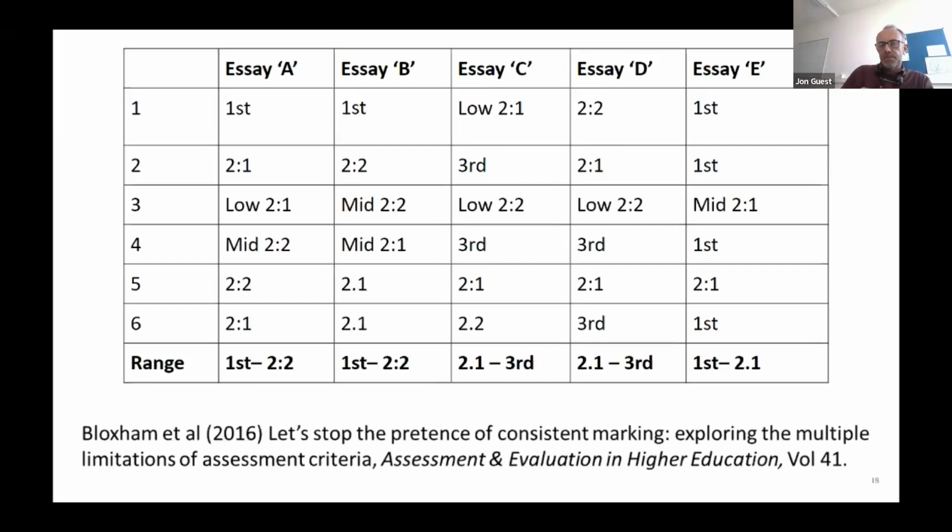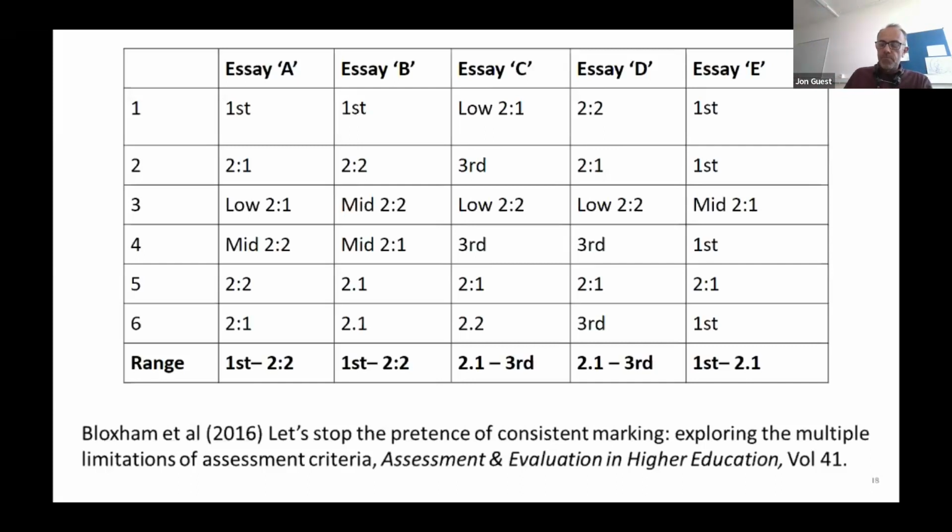There's not actually a massive amount of consistency between the markers. And remember, I stress this is people with 20 years experience. So I go back to the point: written guidance is important, it's necessary, and you should expect it of the module leader, but it's not a sufficient condition to get consistency between different markers.